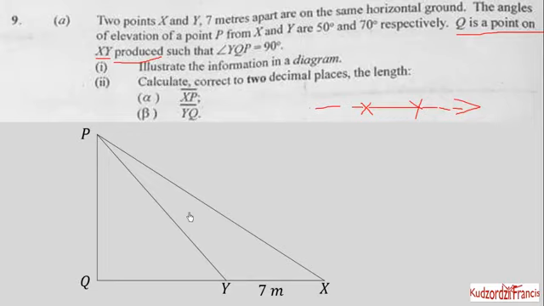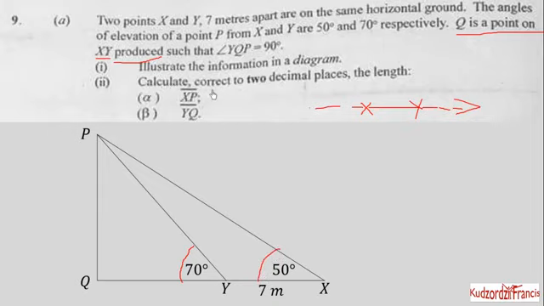So this is the diagram, and we know the angles are this. 70 degrees must be closer and 50 degrees must be further, because the closer you are, the larger the angle of elevation. So we are done with the first part of the question.